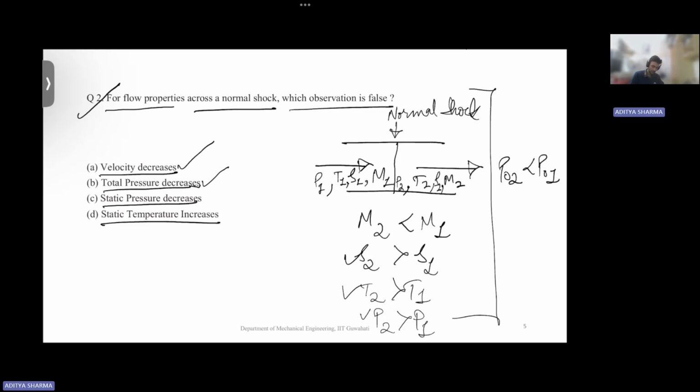What about the static pressure, decreases or increases? So if we say here static pressure increases, in that case, this becomes the false statement. Fourth says that the static temperature increases. This is true. Static temperature increases. All right. So C is the correct answer to this question.